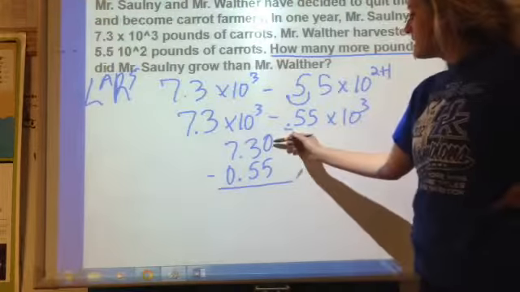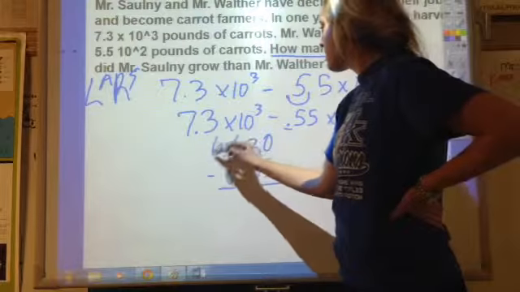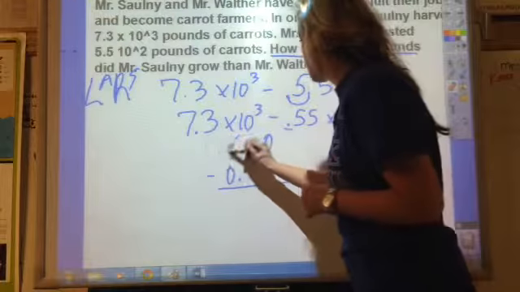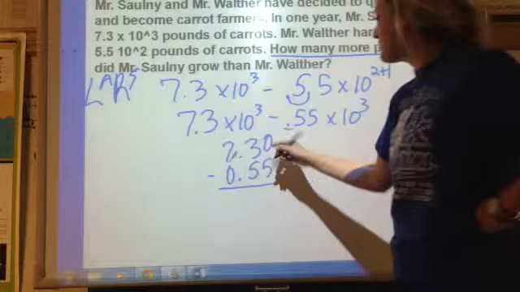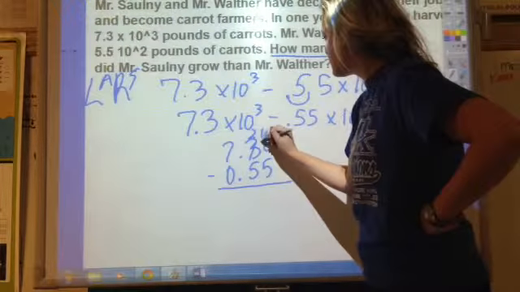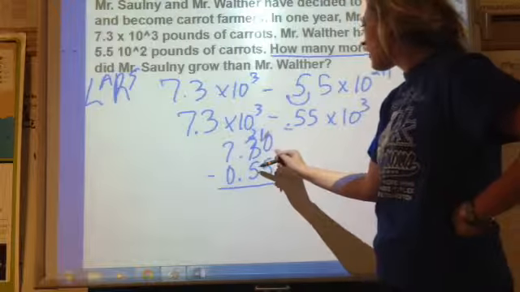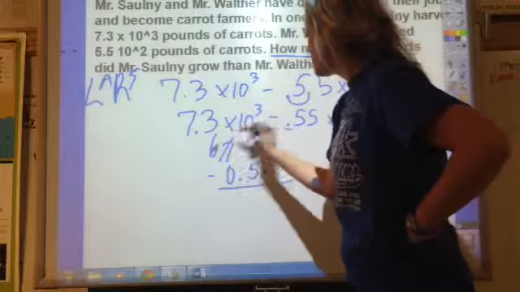Now, I can't take 5 from 0, and I can't take 3 from 5. So I'm going to go next door and borrow, make this a 10. And then I can't take 5 from 2, so I'm going to go next door and borrow, turn this into a 12.